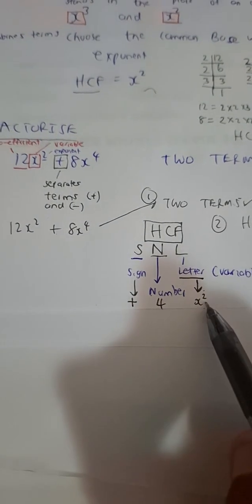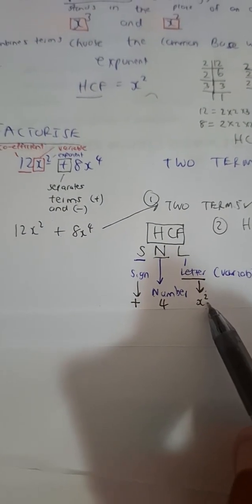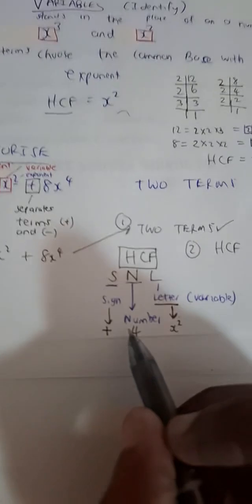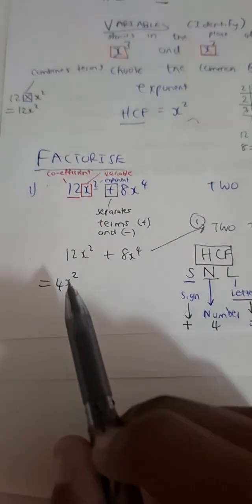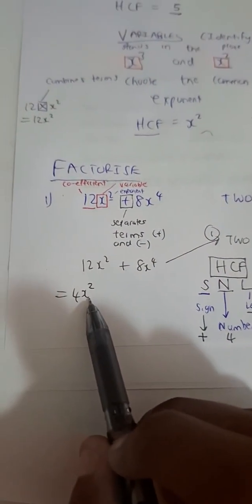It is x squared. So that is why when I take out my highest common factor, I'm going to write down 4x squared. That is my highest common factor.